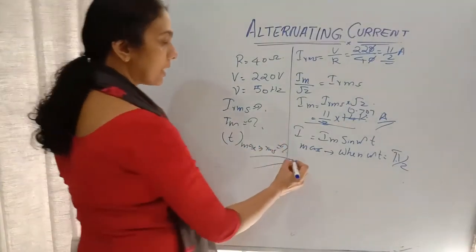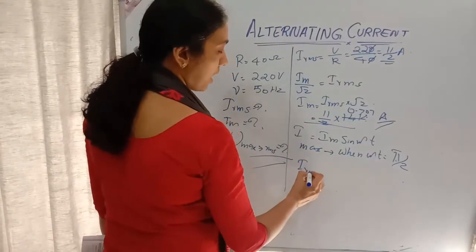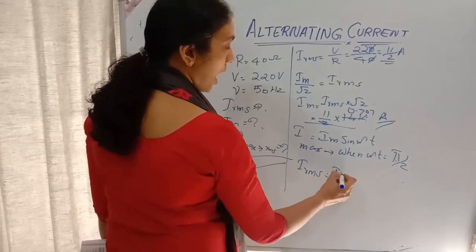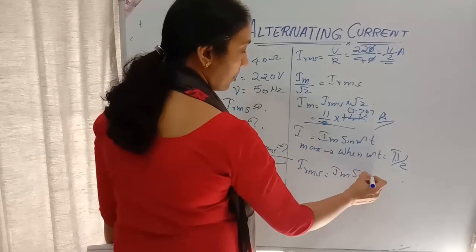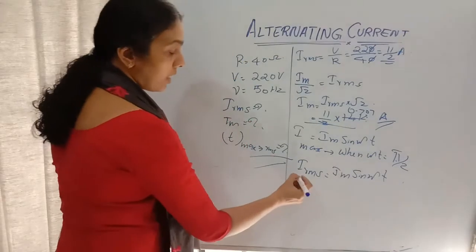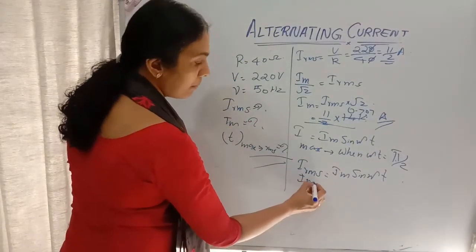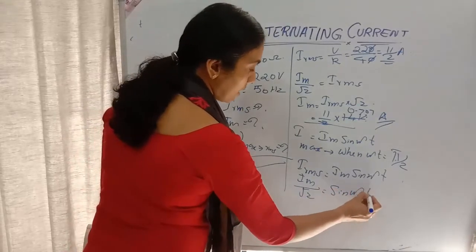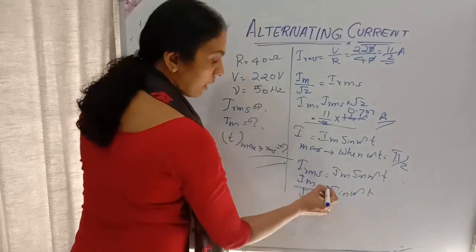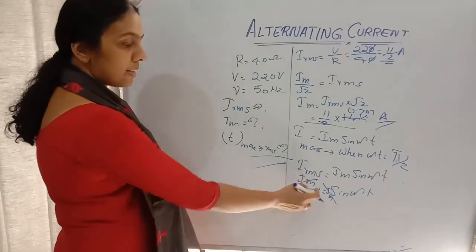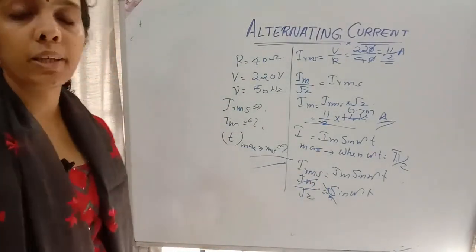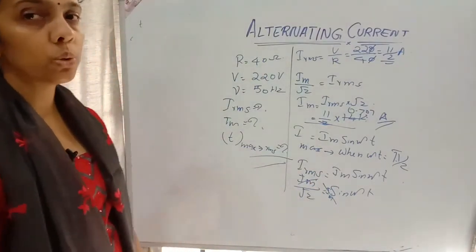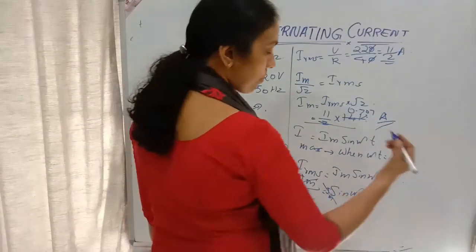When we get the RMS value, IRMS will be equal to Im sin omega t, and IRMS is equal to Im divided by root 2, that is equal to sin omega t. Im and Im will get cancelled. Sin omega t equals 1 by root 2. When do we get 1 by root 2? Yes, omega t equals pi by 4.